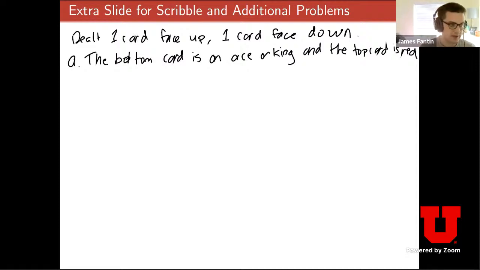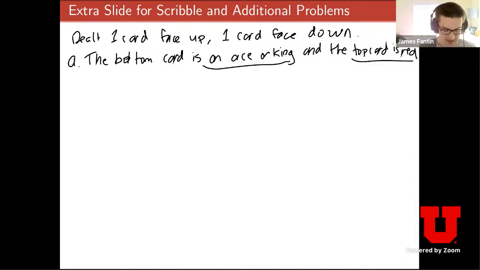We've got a probability of 2 events, and we want to know the probability that both of these events occur. The probability that the bottom card's an ace or king, and that the top card is red. So how could we start this problem? So not just find the probability of each event.